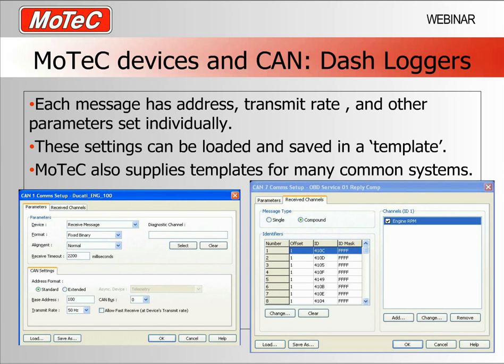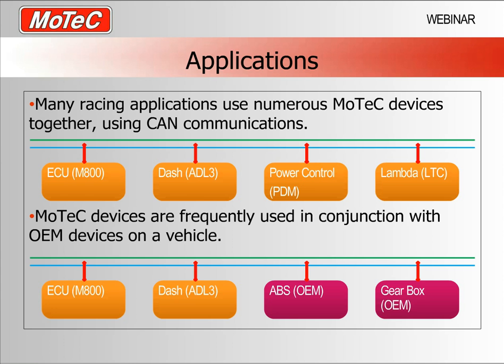So this is a fairly complicated setup screen, and again, if you use the templates that we supply, you won't actually need to pay much attention to this because it's all predefined. But what it does mean is with a MoTec dash, you can certainly interact with virtually any other device that's out there. They're extremely flexible.